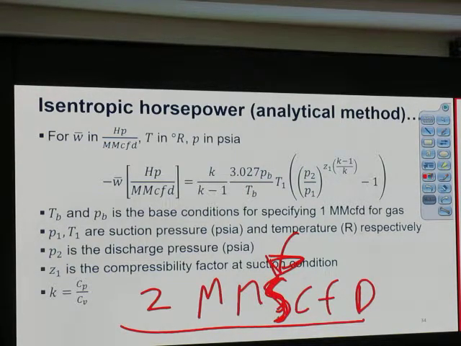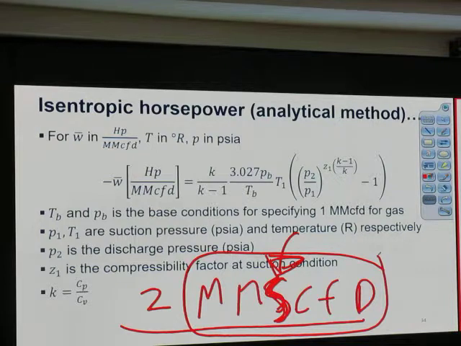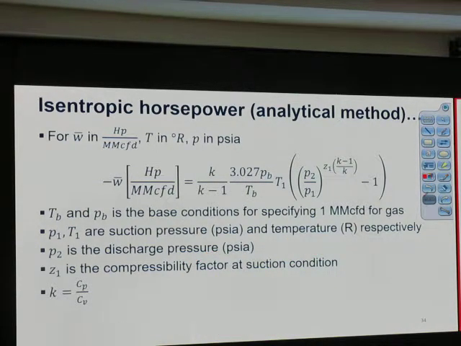At that pressure and temperature, we have a certain amount of mass. You agree? So this means this is also constant mass flow rate. Okay? This is a mass or volume at the standard condition. It's kind of the same thing. So this means you can convert this MMSCFD to pounds per second. Okay? Can you? Yes, it's the same thing. MMSCFD can be converted to pounds per second, pounds per hour, or something, independent of mass.